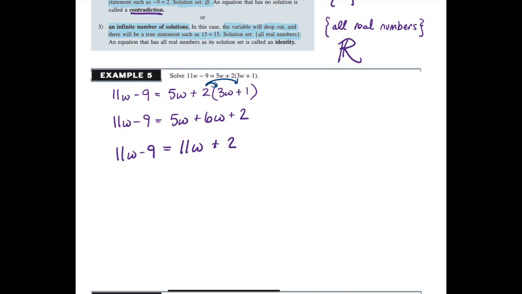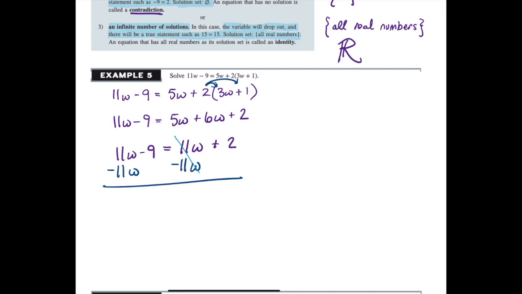Now I want to get all my w's on one side, and check this out. We have 11w on the left side and 11w on the right side. It's the same thing on both sides. Now what's going to happen if I subtract 11w from both sides? If I'm saying I want to move this 11w over to the other side, I would subtract it from both sides.